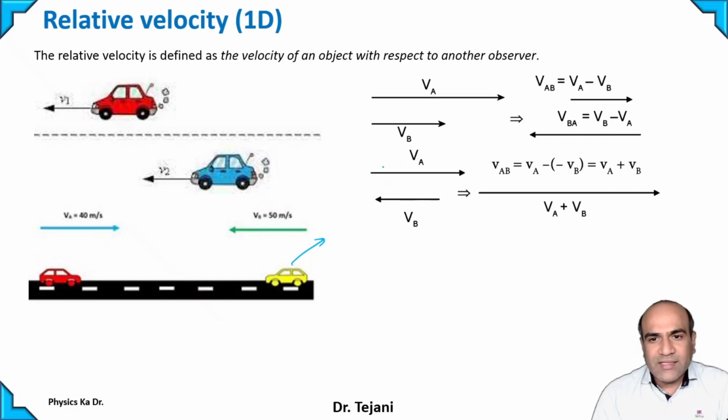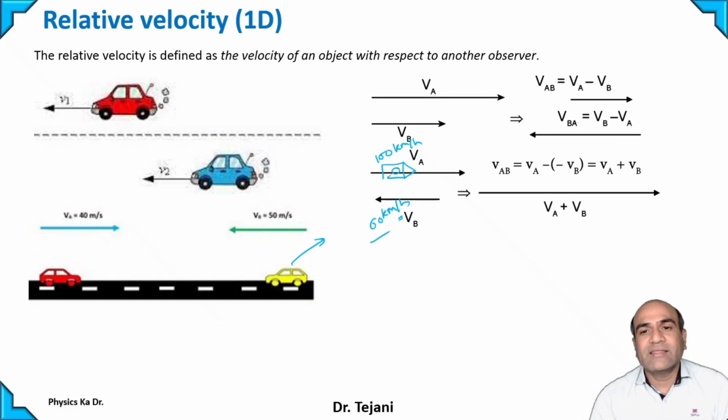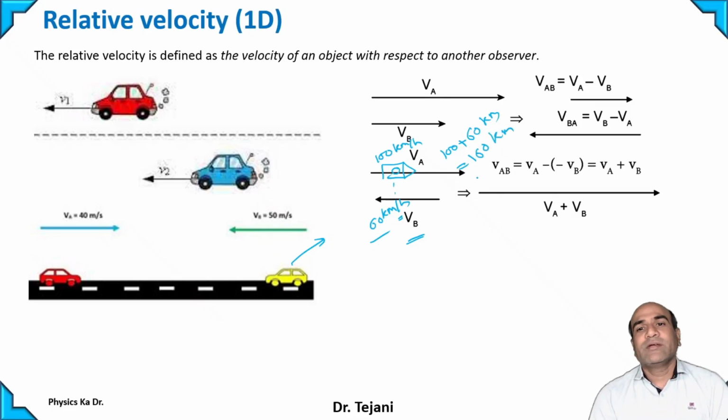So in this case, if this car is running at 100 kilometer per hour, and the opposite car is running at 60 kilometer per hour, a person inside this car observes the relative speed with respect to B. When you see that moving car, we always see 100 plus 60 kilometer, that means 160 kilometer per hour.